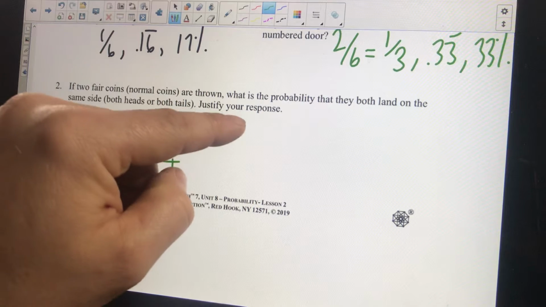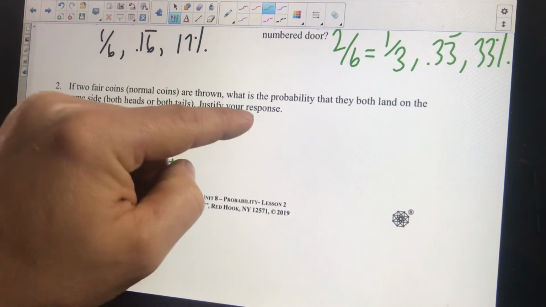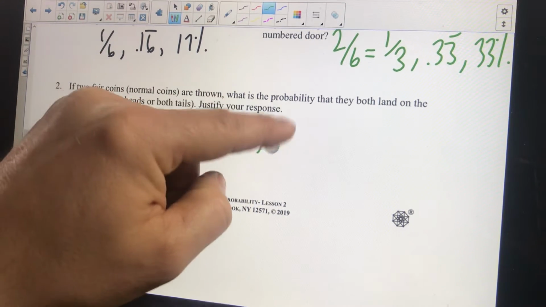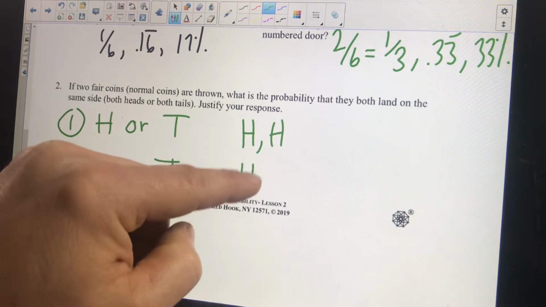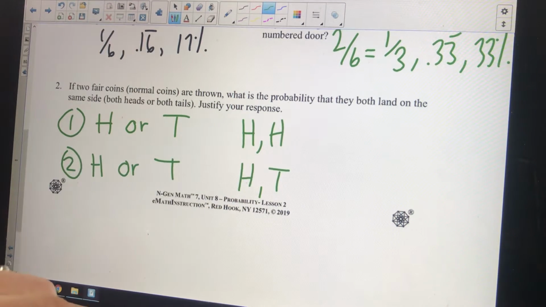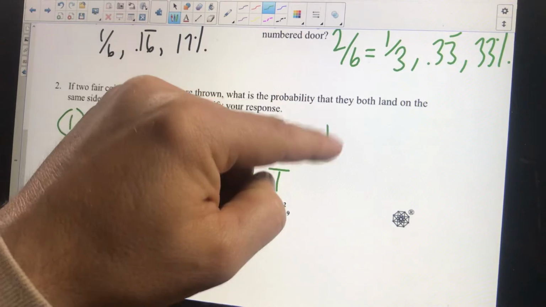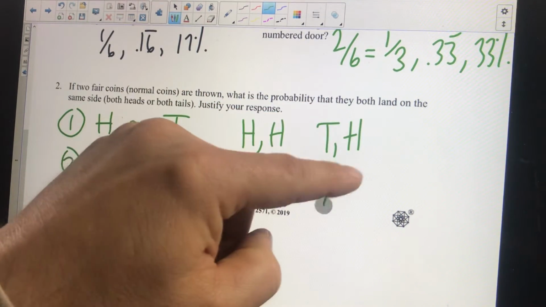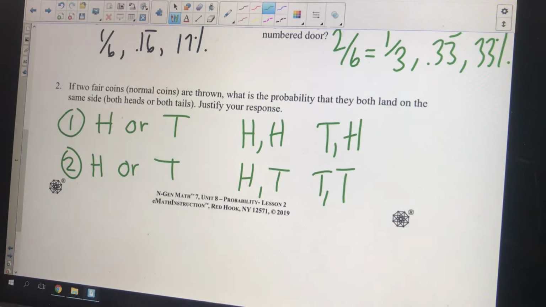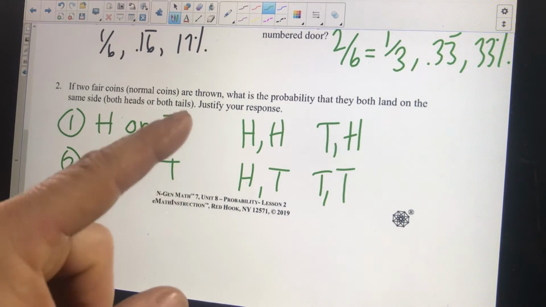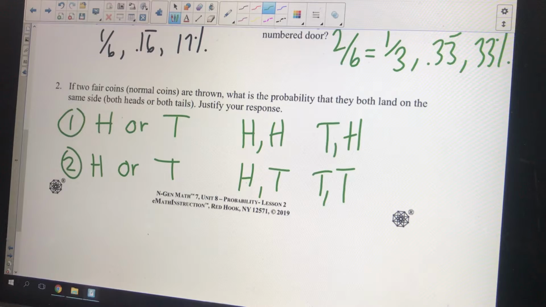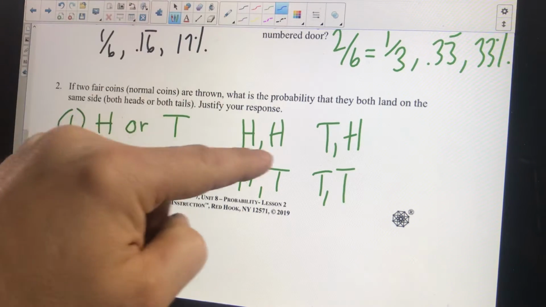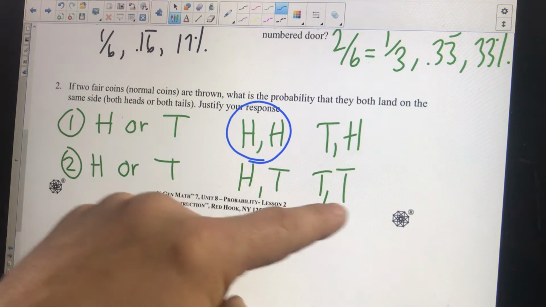So let's think about it. You could do heads, then heads; heads, then tails; tails, then heads; or tails, then tails. So there are actually 4 different options, but which ones of those are going to be both heads or both tails?